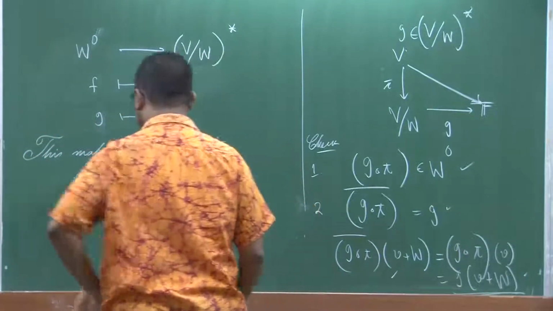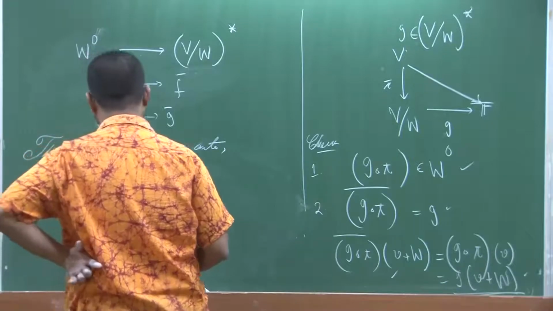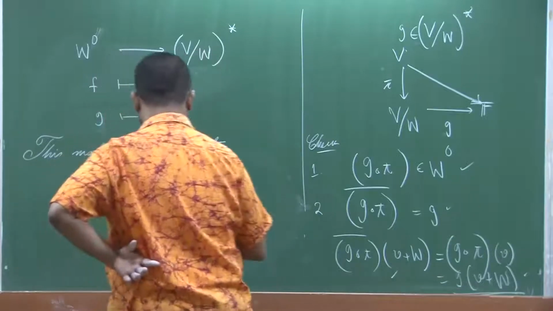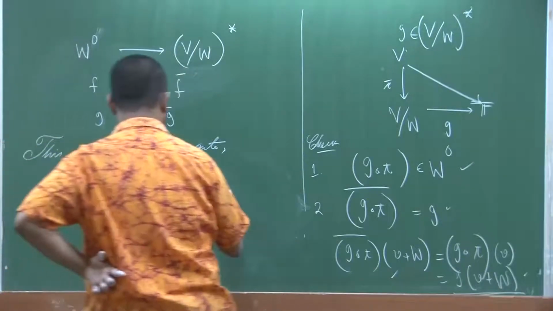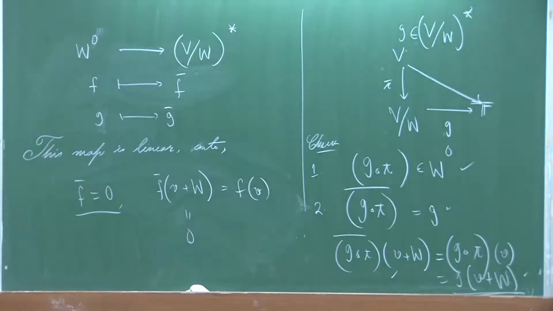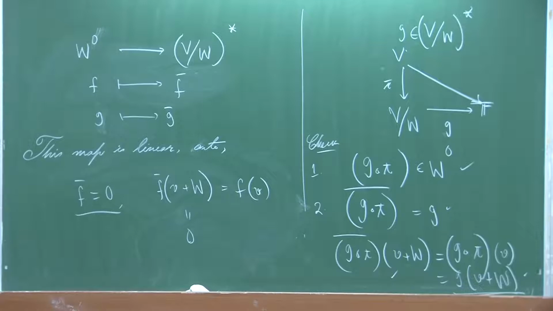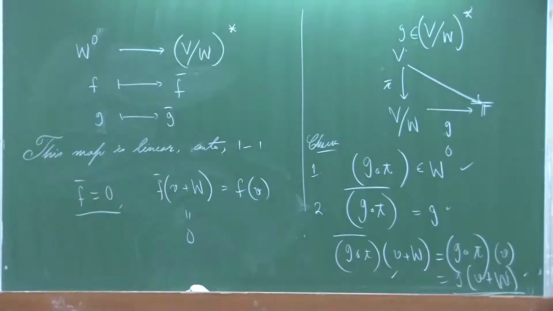If f bar is 0, that means f bar of v plus W is 0 for any v. How is that defined? This is simply f of v. So, that means f itself becomes 0. So, this map is one-to-one as well. Therefore, these two spaces are isomorphic, and therefore the dimensions will be the same.